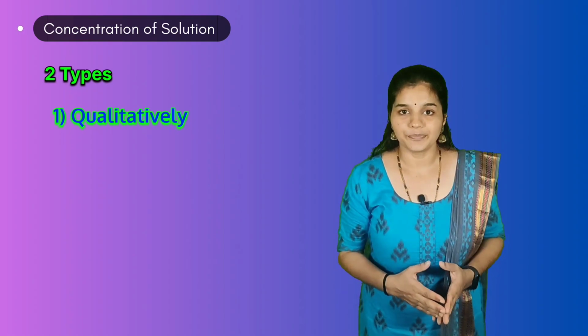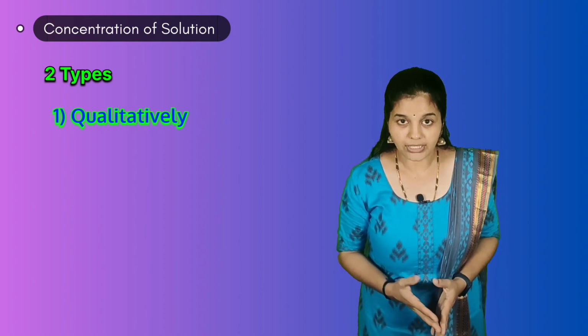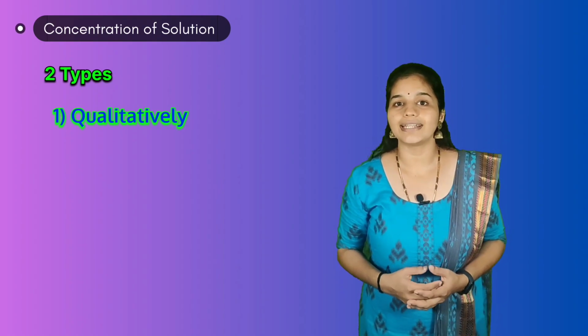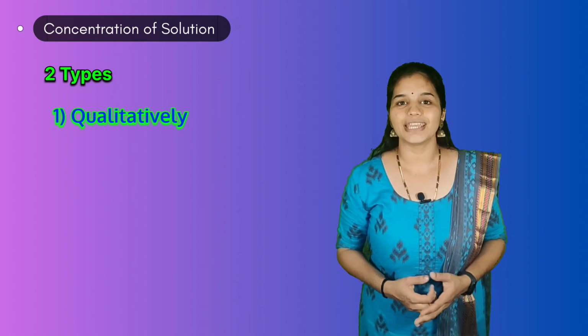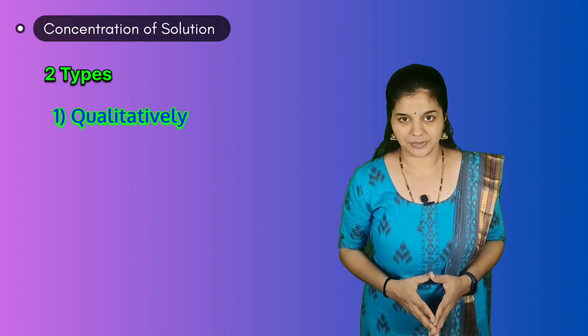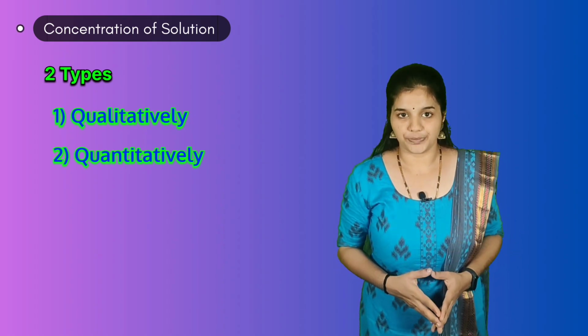Instead of telling that many students secured 90 plus marks in examination, if I tell 500 students secured 90 plus marks, there won't be any confusion, isn't it? So this is quantitative description. This quantitative description avoids a lot of confusion.